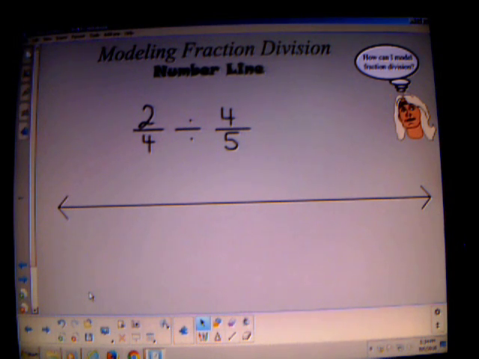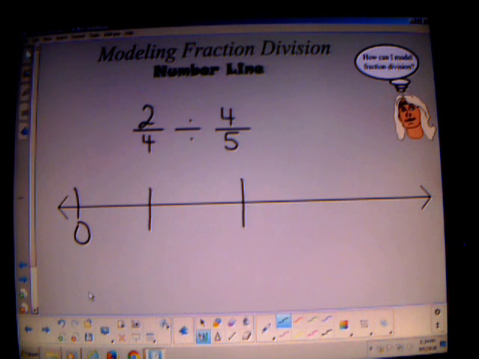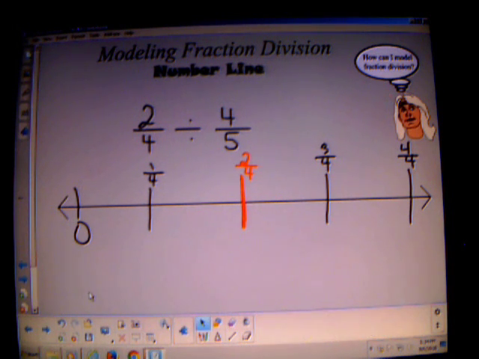Okay, and now for the answer. First, I divide the line by my dividend, 2/4. Next, I divide by my divisor, 4/5.